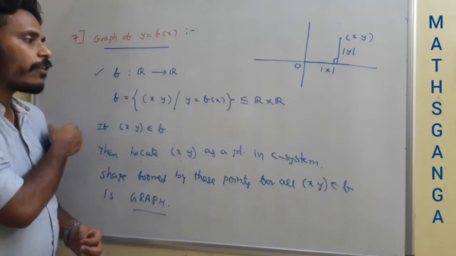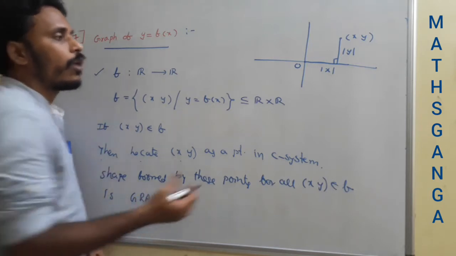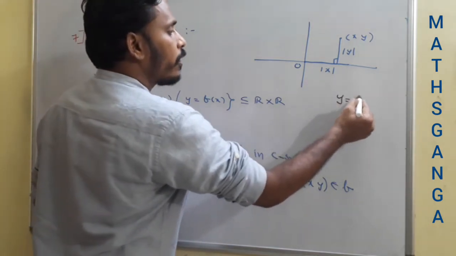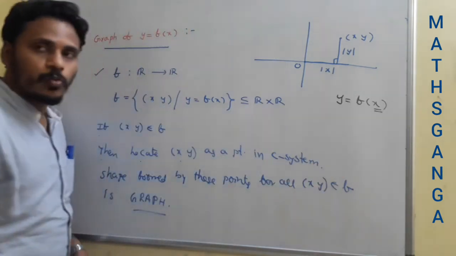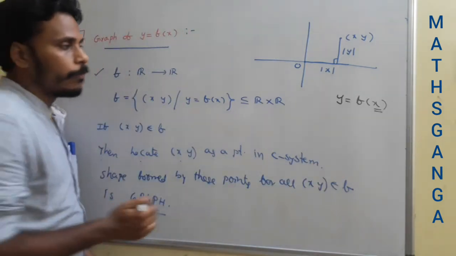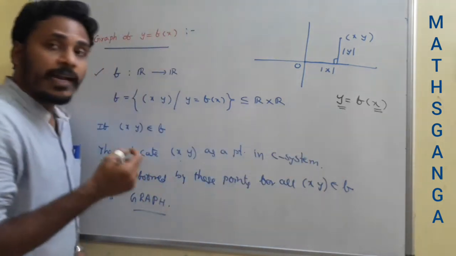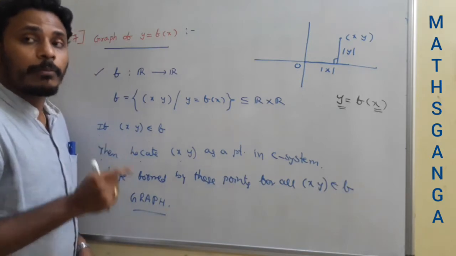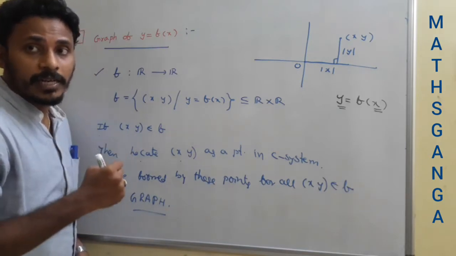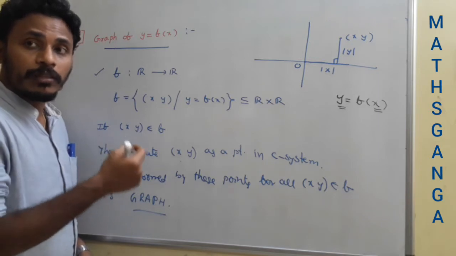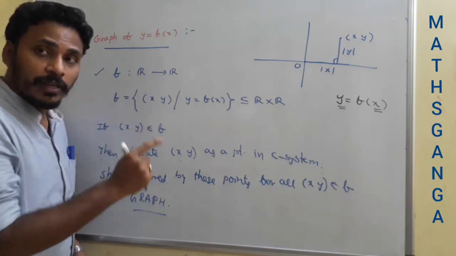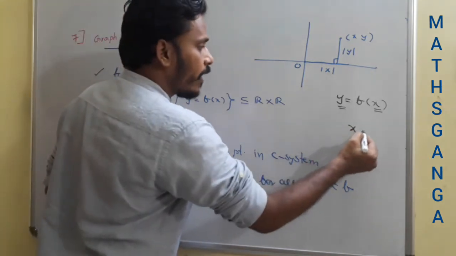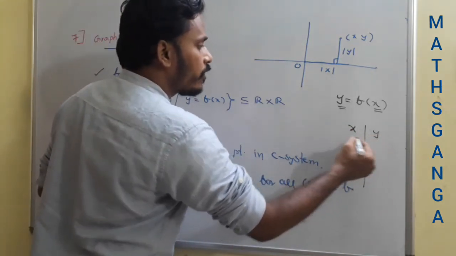Okay, see, once again, if we have the relation y equals f of x, this x is mentioned as what? The independent variable, and this y is considered as the dependent variable. Why? Because we have the independent choice to take any value in the place of x. Depending on the values of x, we will get the values of y. So by taking values of x, we can also make a table.